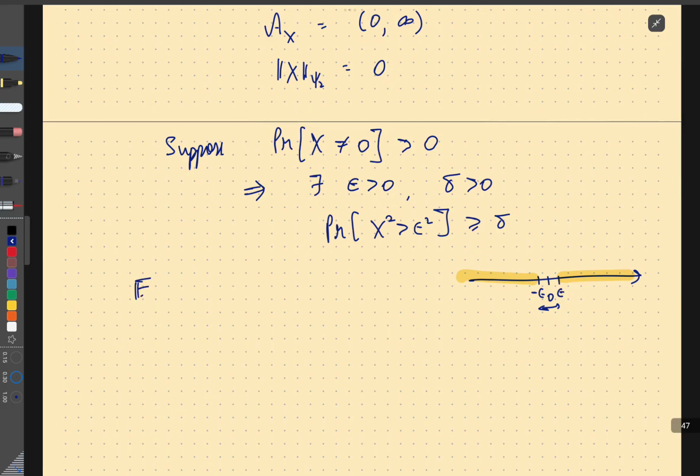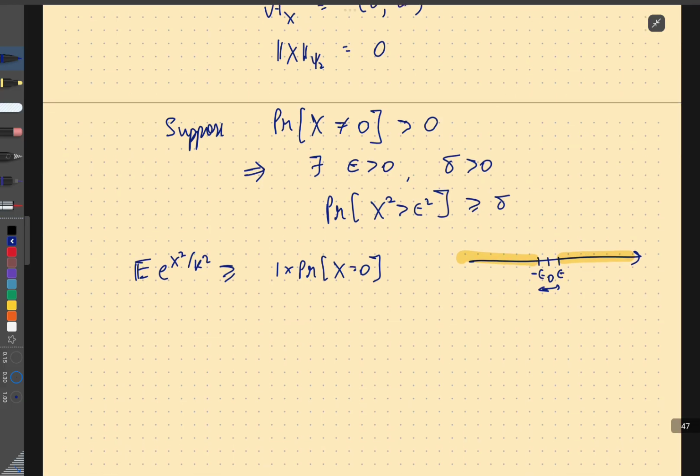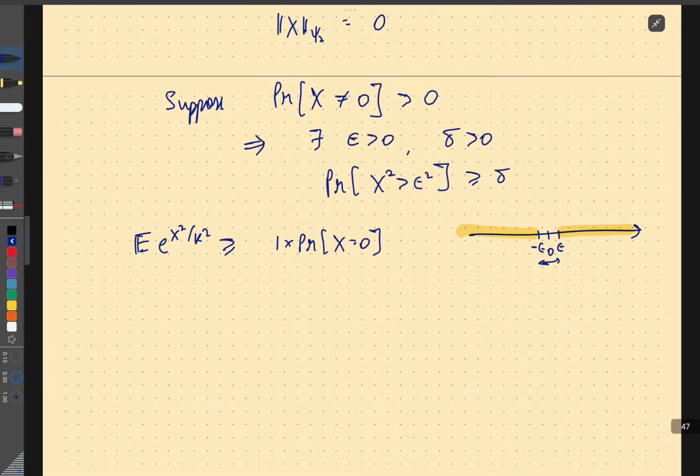So then the expectation of e to the x square by k square, let's see what it is.